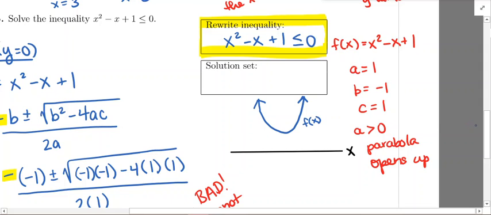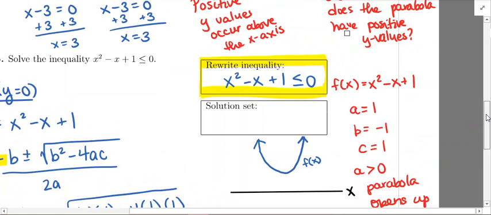Let's go back to the inequality because that's ultimately what we want to solve. The way we set this up, f of x is x squared minus x plus 1. That's the parabola, part of our inequality. What I just highlighted in blue is the f of x. So we are really trying to figure out when f of x is less than or equal to 0. f of x is the same thing as y.